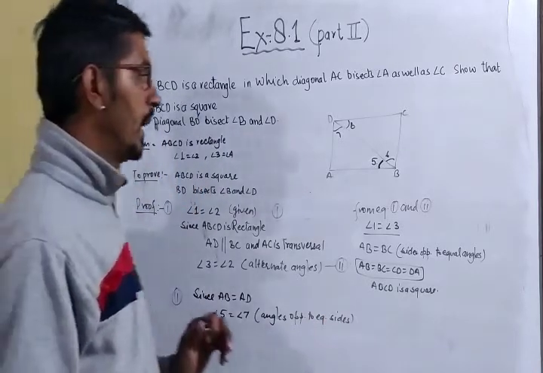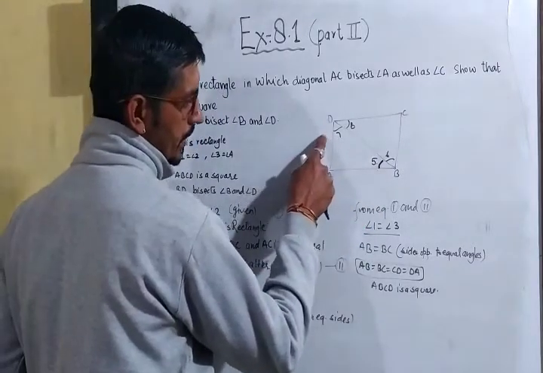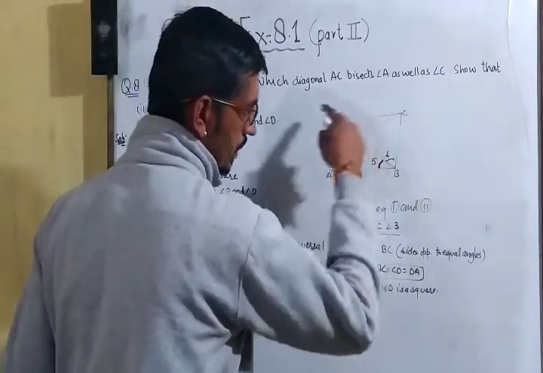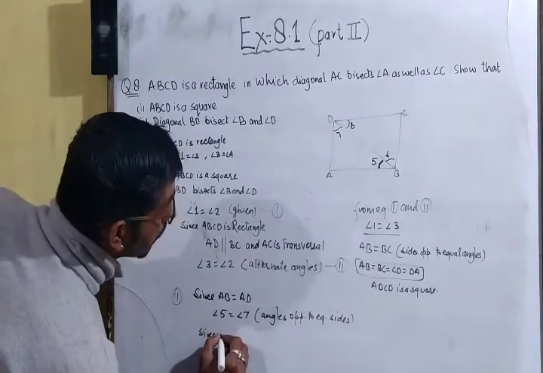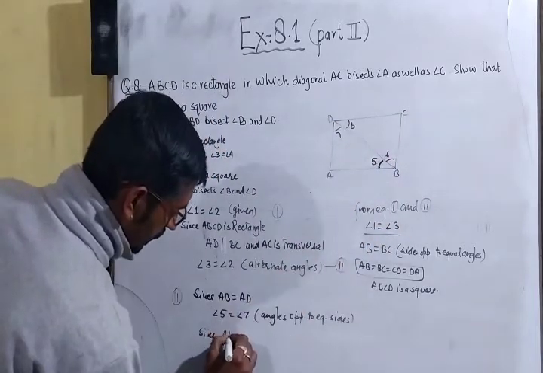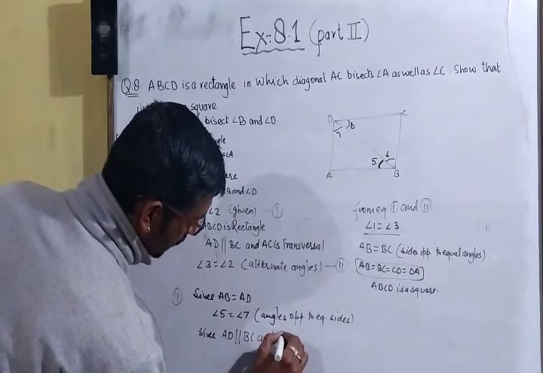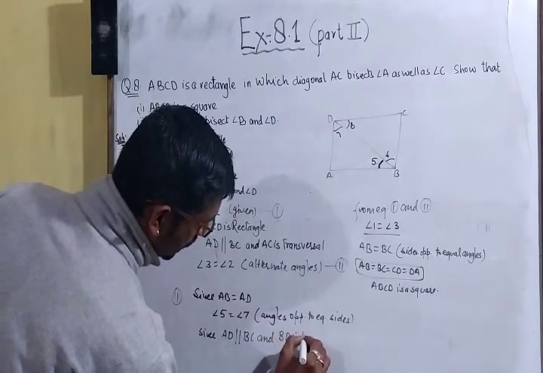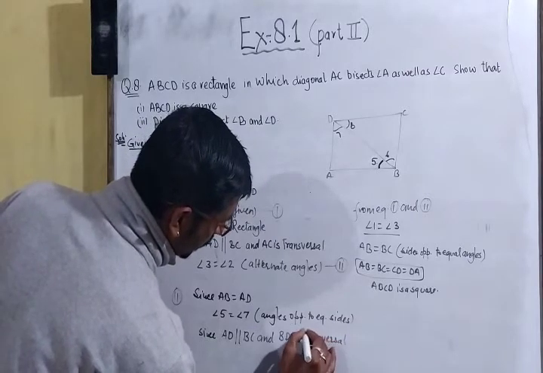Okay. Now angle 5 is equal to angle 7, and since it is a square, AD is parallel to BC and BD is a transversal, so what can we say now?